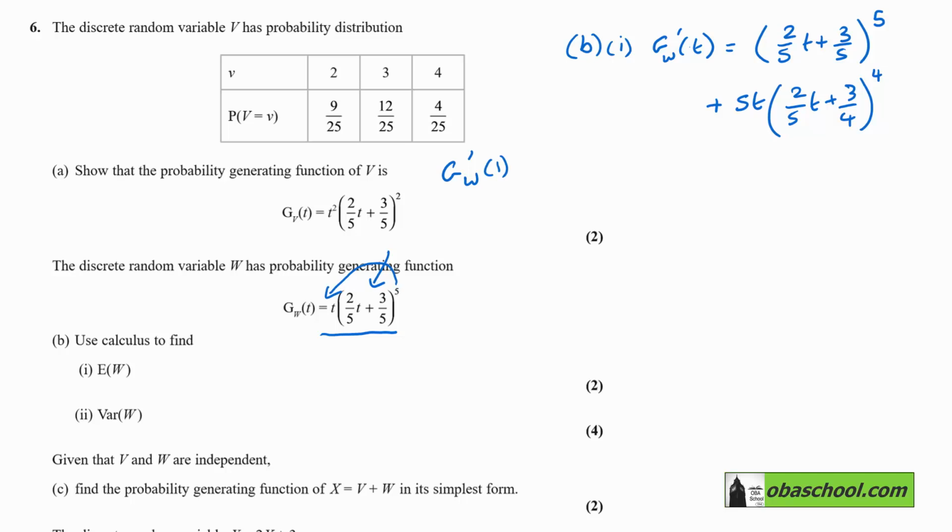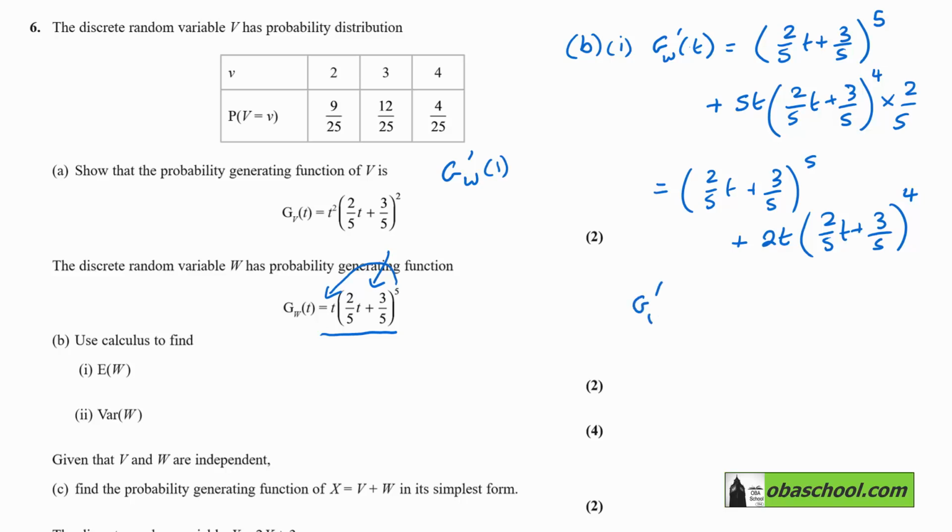But don't forget to use the chain rule here. So we need to multiply that by 2/5. And so what we've got is (2/5 t plus 3/5) to the 5 plus 2t (2/5 t plus 3/5) to the power 4.